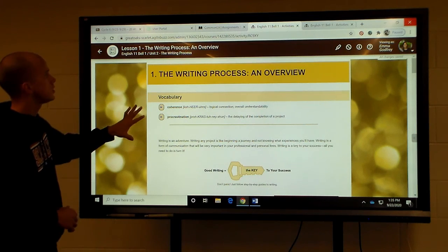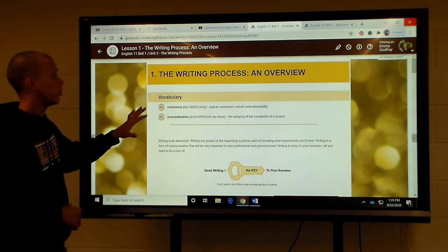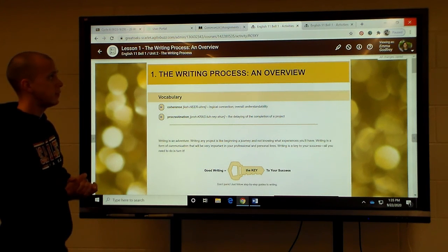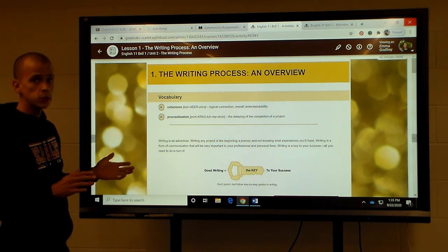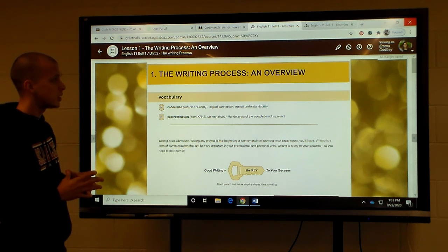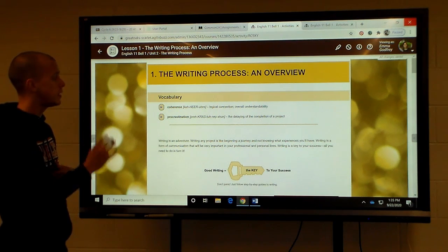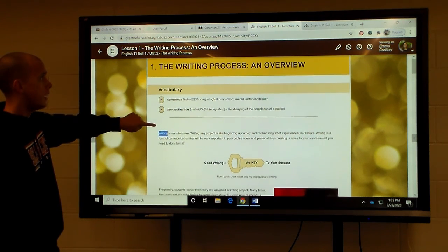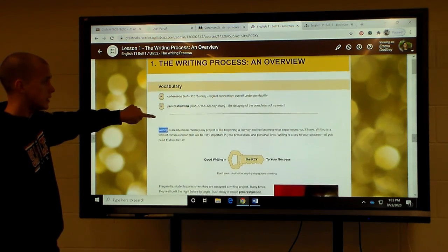So as we start to look at Lesson 1, it's a pretty short one. And this deals with the writing process, which Ms. Godfrey, Ms. Potts, and myself, and all of the junior English teachers have already covered a little bit with the 4-sentence writing assignment. And in this lesson, you guys are talking about and learning about the writing process itself.